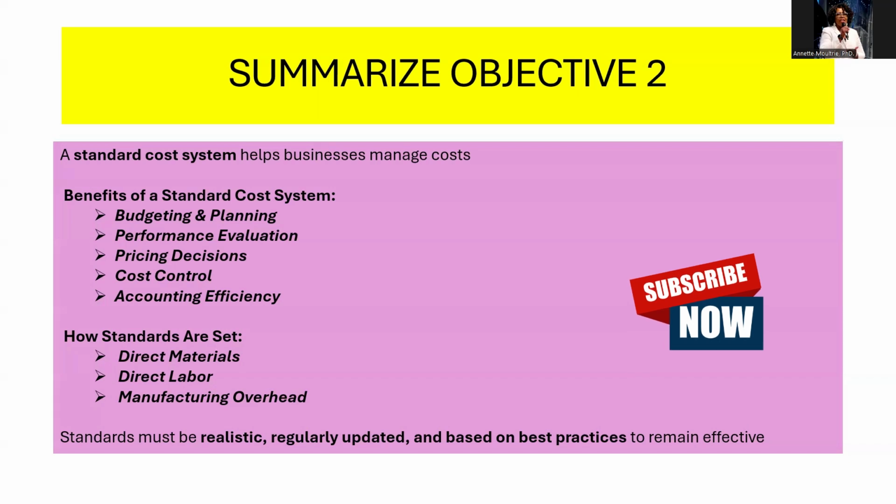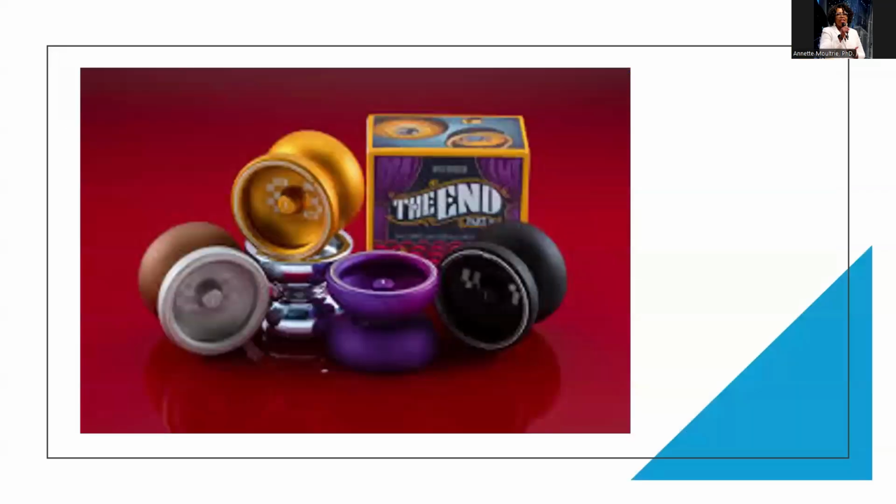And then you have manufacturing overhead, which is allocated using labor hours or activity-based costing. So standards must be realistic, regularly updated, and based on best practices to remain effective. So this is objective 2. And this is the end.